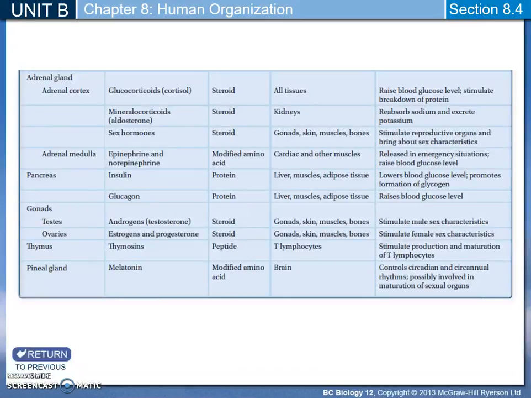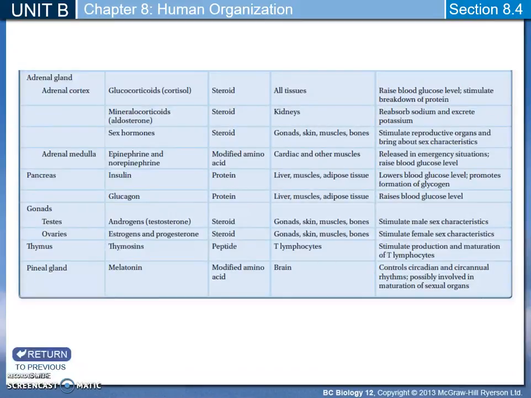Then the sex hormones, whose target organs are the gonads, the skin, muscles, and the bones, stimulate reproductive organs and bring about the mature sex characteristics in the male and the female.